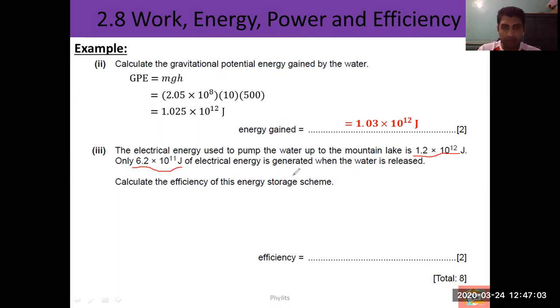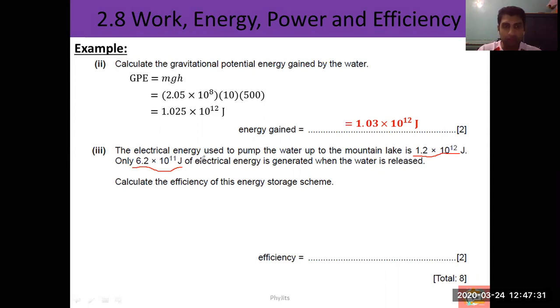So after you have pumped up the water with this amount of energy, the water is allowed to flow back down, but only 6.2 times 10 to the power of 11 of electrical energy is generated by turning the turbine. So that means there must be some energy that is already lost, probably in turning the turbine, friction of the turbine, sound of the turbine. So that is the energy lost.